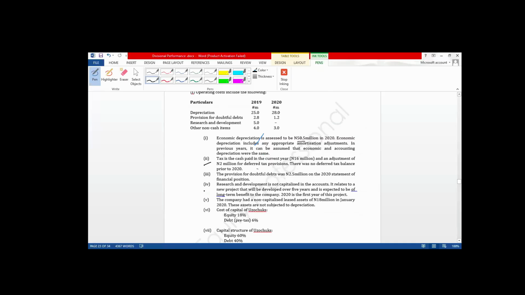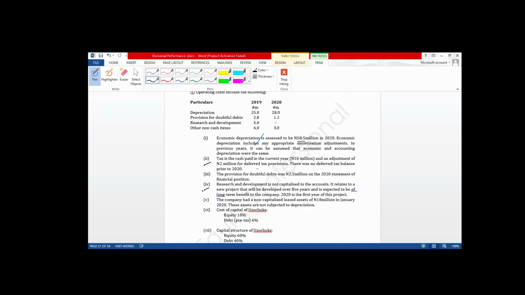Now look at note number 4. Research and development cost is not capitalized in the accounts.